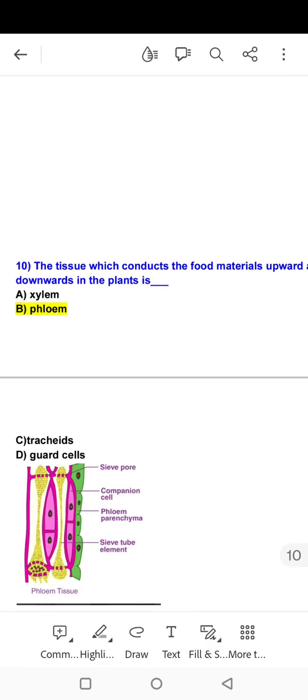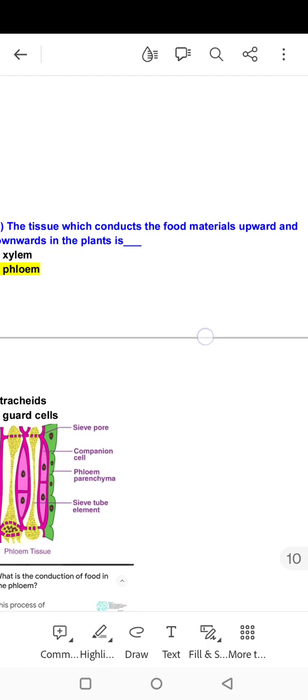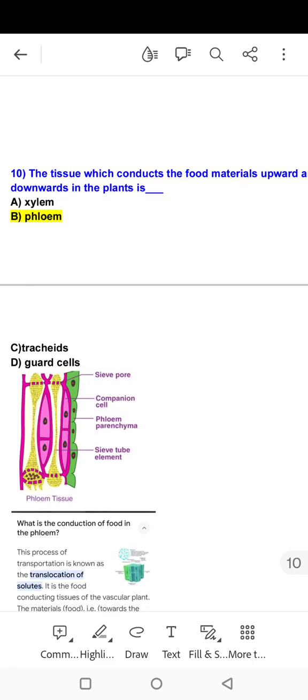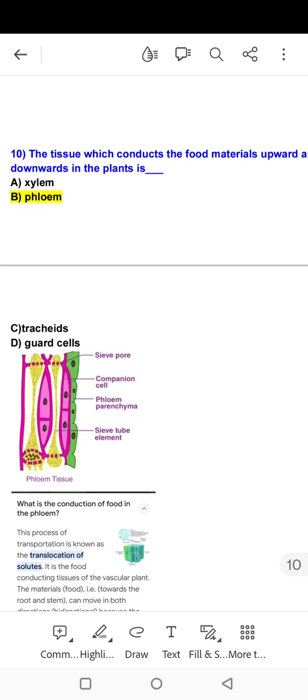Now, the tissue which conducts the food materials upward and downward in the plant is, so the correct answer is phloem. Phloem is the tissue which conducts the food sap in the plants. As the leaves are on the top of the plant, the leaves produce the food and supply it to other parts.